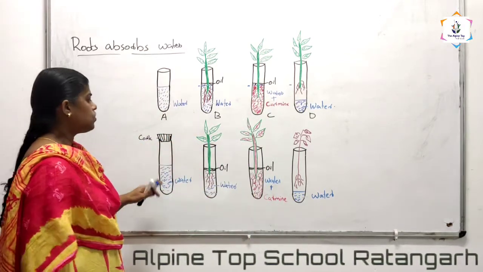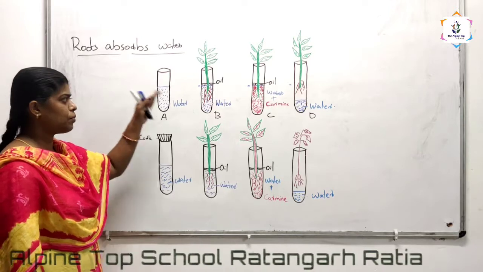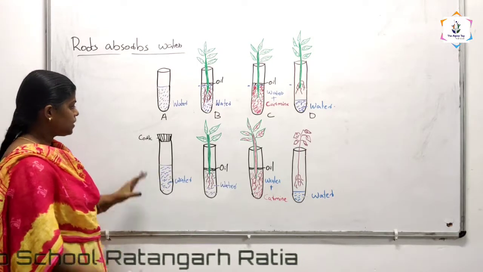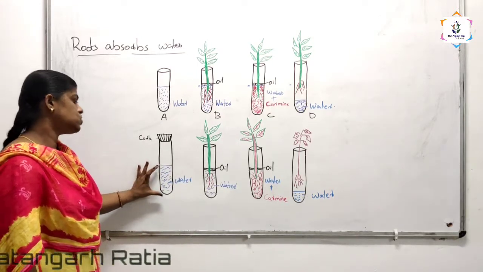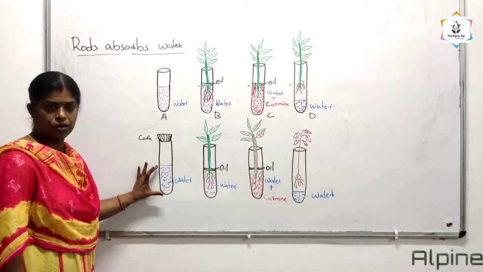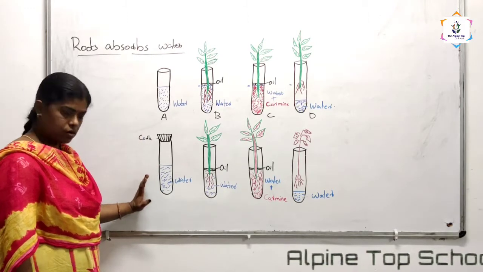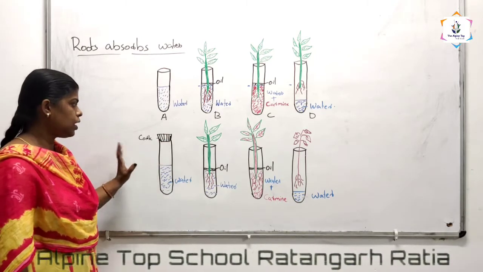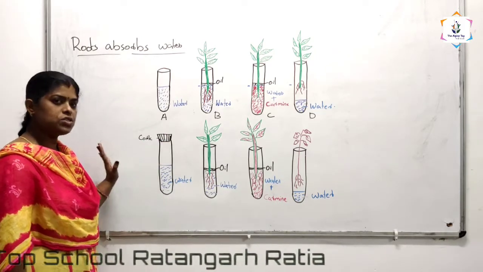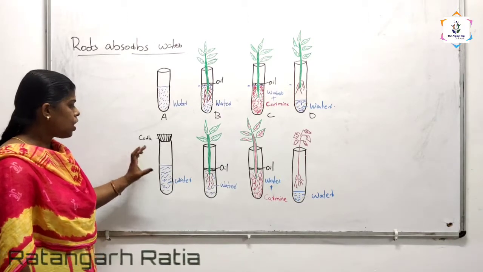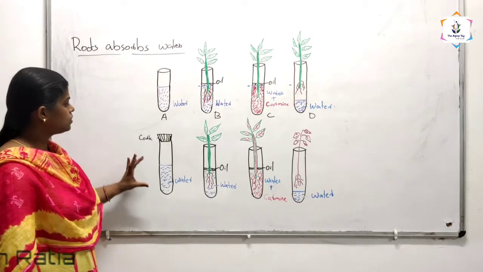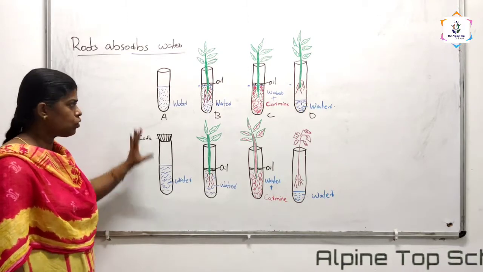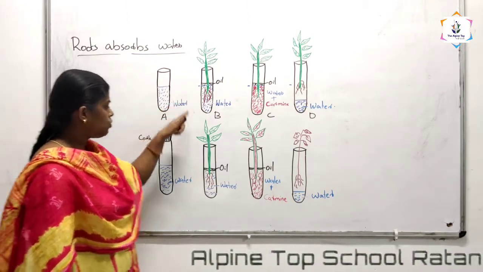After 24 hours when we come back to the setup, we can see that there will not be any change in the quantity of water in tube A, because we closed this tube with a cork so that evaporation does not happen. The same amount of water that we took will be here; no change will be there.